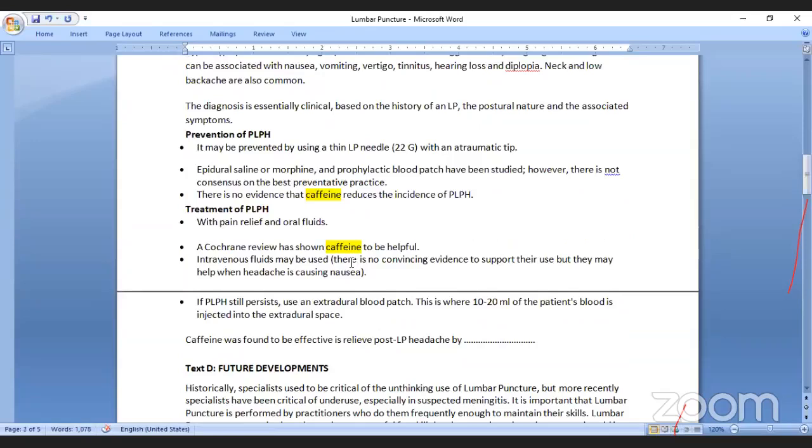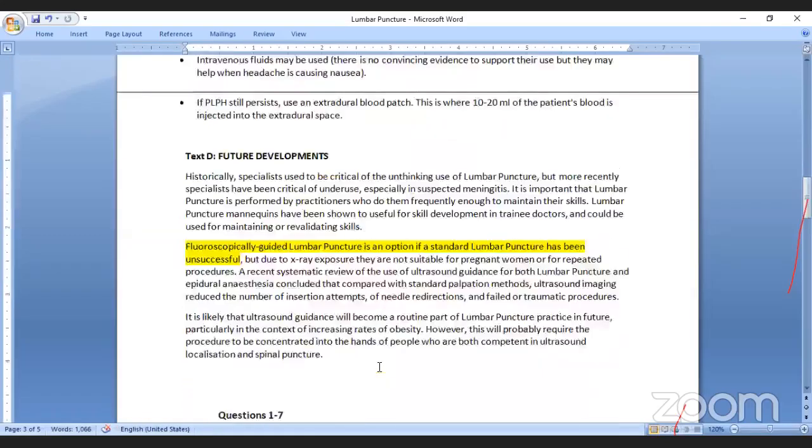They are talking about some review. Was found to be effective in relieving post LP headache by this review, the Cochrane review. So the answer is this review. It's an easy question. You just need to be a little bit quick.